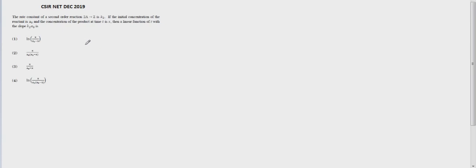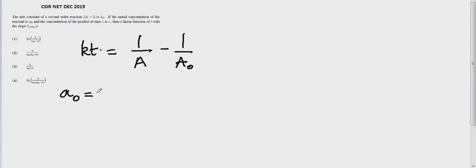So we already know the formula, that is kt is equal to 1 by A minus 1 by A naught. From the question it is clear that the initial concentration is given as a small a naught, and A naught minus x is actually your A. We are going to substitute it into the equation.